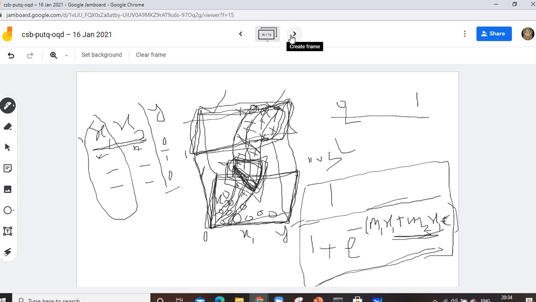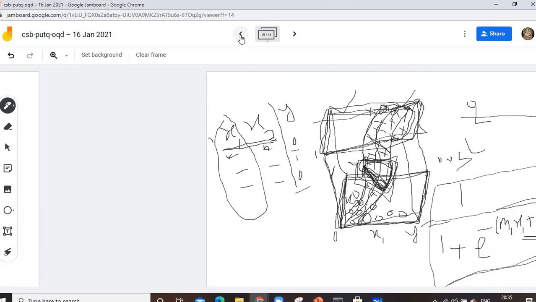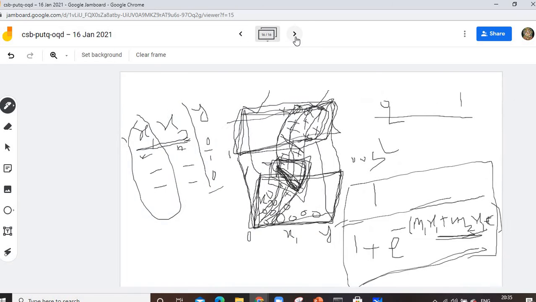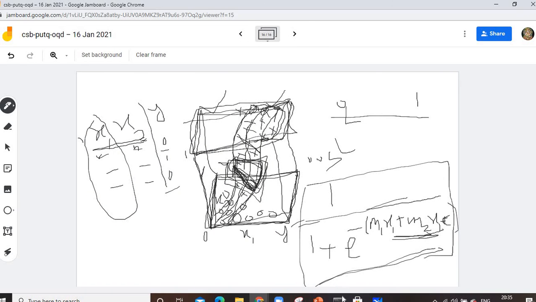Let me know. We'll go for application in Python, or we'll revise anything you want to understand better. You can revise the thing. Application. Sorry? Let's do the application. Okay, fine.